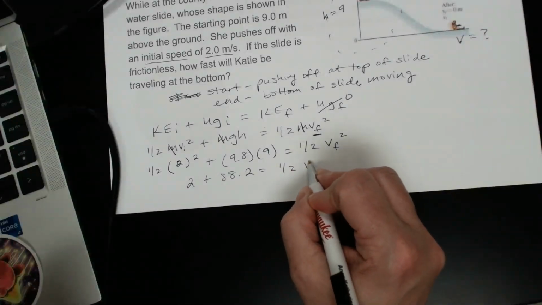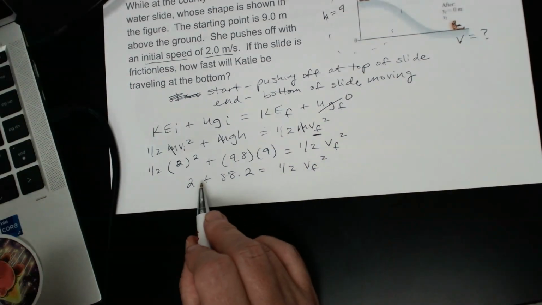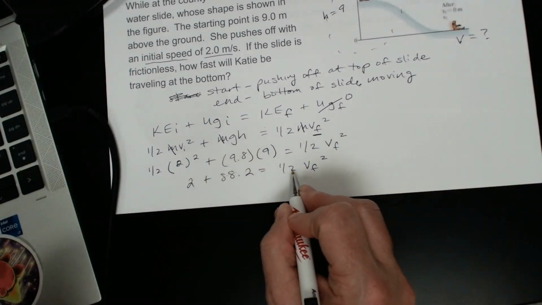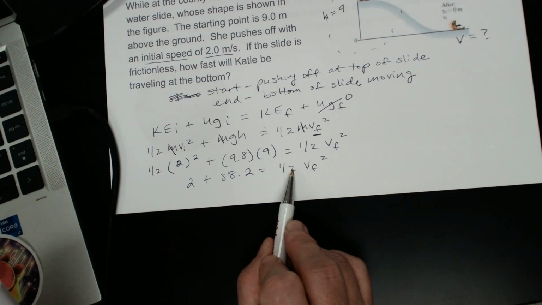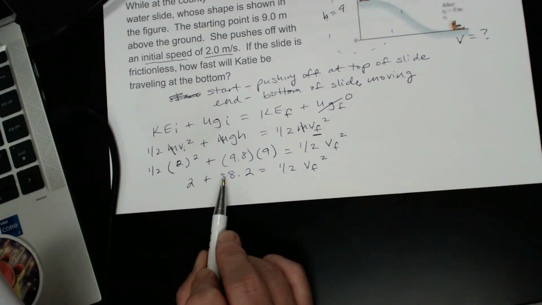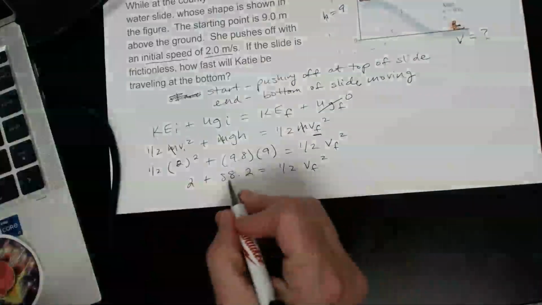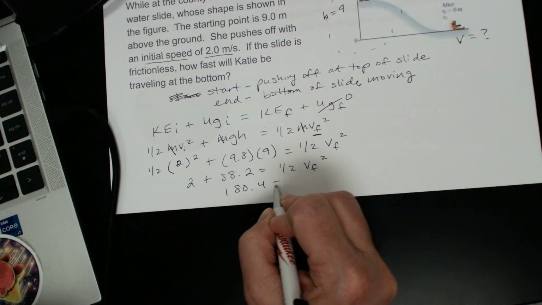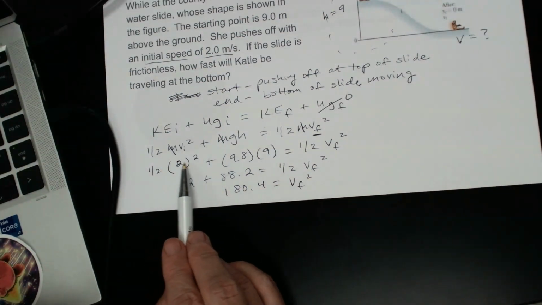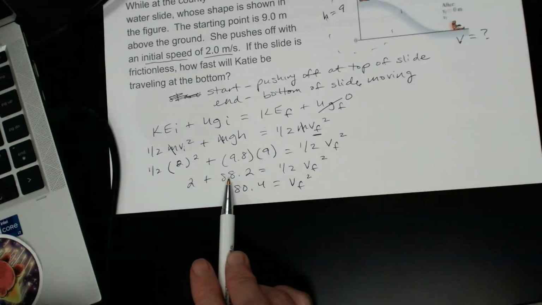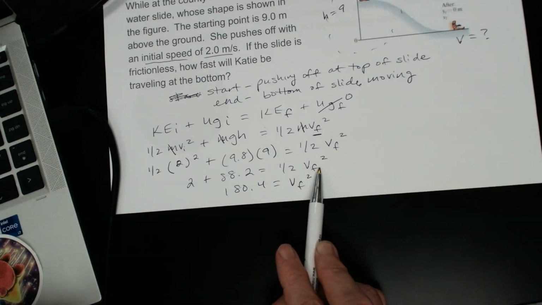Equals 1/2 times V final squared. I'm going to have to get rid of this 1/2. I should have done that before, but I'm just going to take it over to the other side. This is 90.2, and then when I divide both sides by 1/2, I'm going to multiply my 90.2 times 2. So I'm going to end up with 180.4 equals V_F squared. So I simplified this side: I got 2 plus 88.2, and then that equals 1/2 V_F squared.